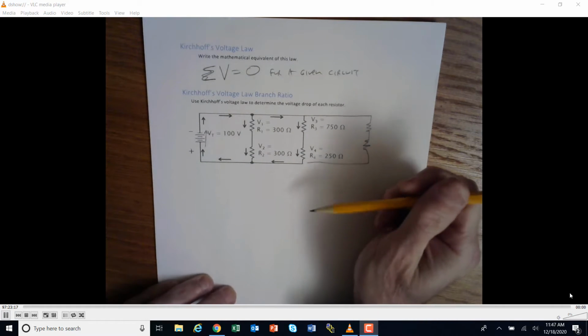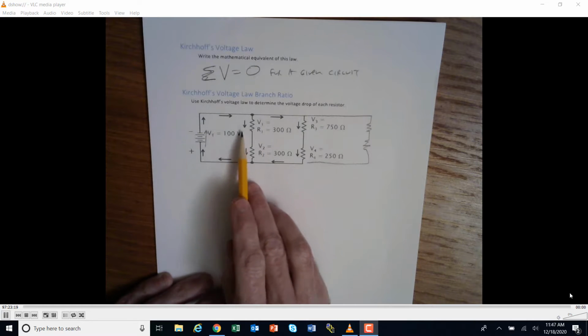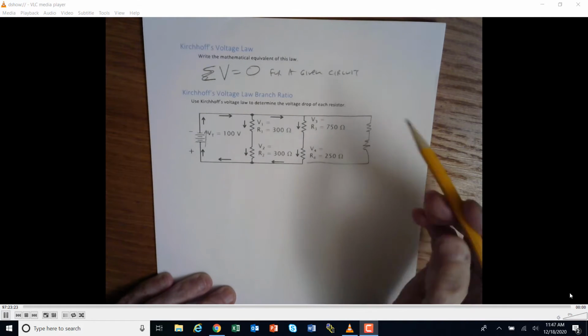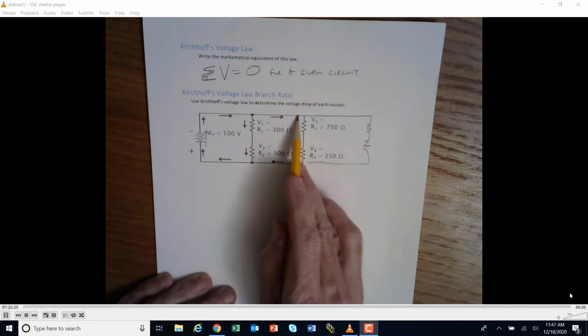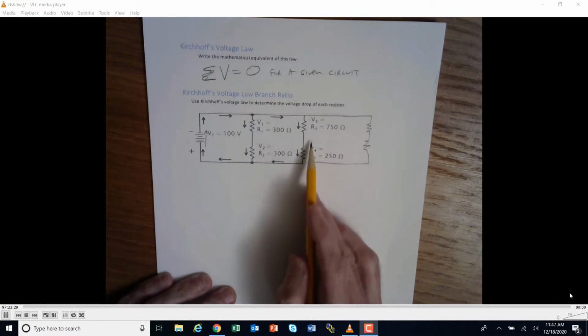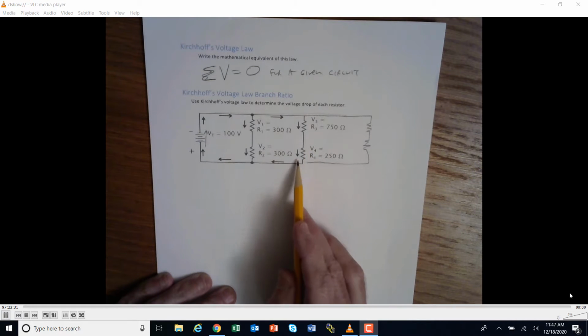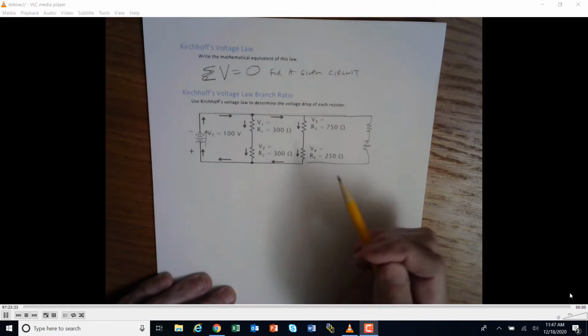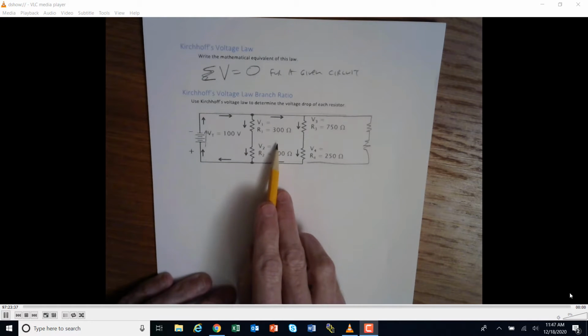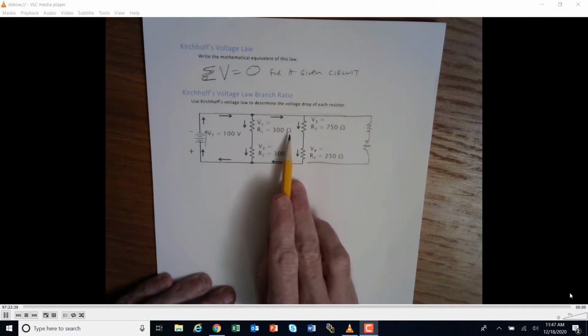If we take a look at this first loop, or this first voltage drop right here, remember for all these voltage drops, we're dropping from this potential up here of 100 volts down to 0. We're dropping 100 volts here because they're in parallel. So if we look at the ratio, the first one we're going to look at is this one here.